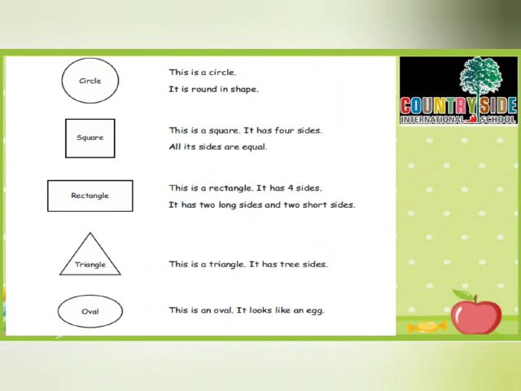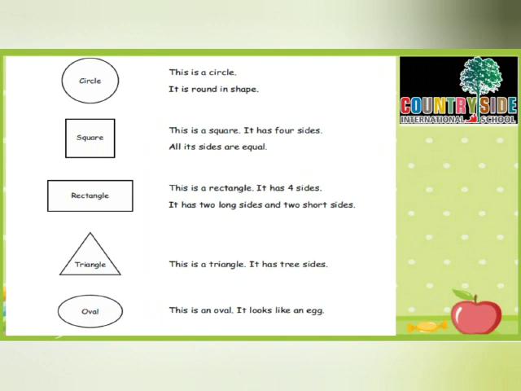And all its sides are of equal length, okay? Next is rectangle. This is a rectangle. It has 4 sides. It has 2 long sides and 2 short sides. A rectangle also has 4 sides and 4 corners, but its opposite sides are equal. Not all 4 sides are equal, but opposite sides are equal. The next one is triangle.